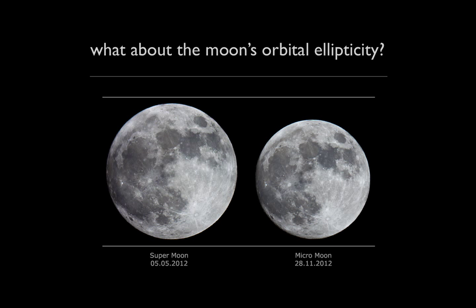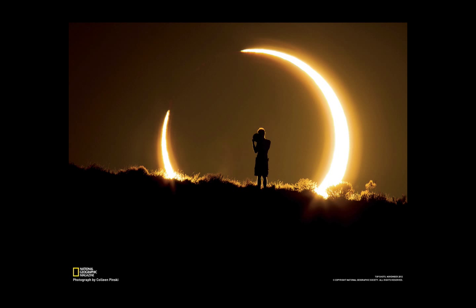The ellipticity of the Earth's orbit around the sun also changes the sun's apparent size, but not by very much, since the orbit is so close to circular. Anyway, this means that there are times when the alignment between the sun, moon, and Earth is perfect, but the moon is too far from the Earth and too small in the sky. In that case, we get an equally beautiful, if perhaps less spectacular, annular eclipse.